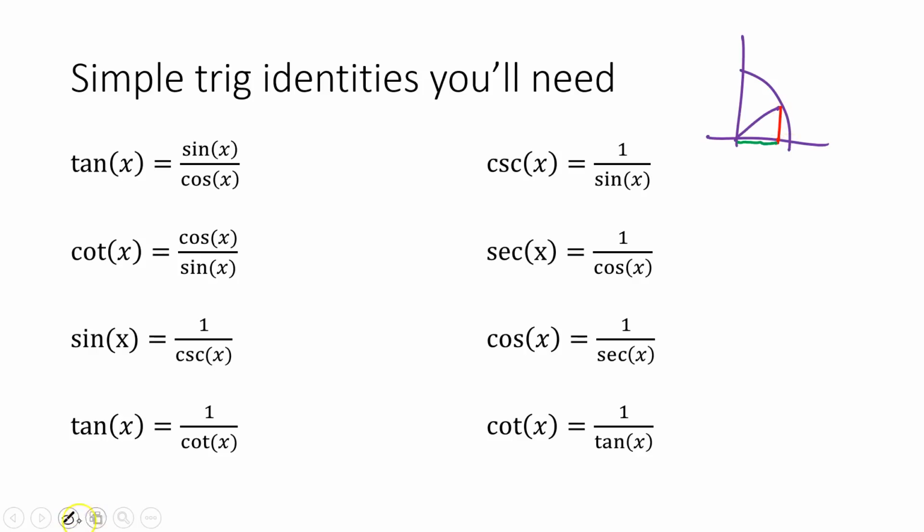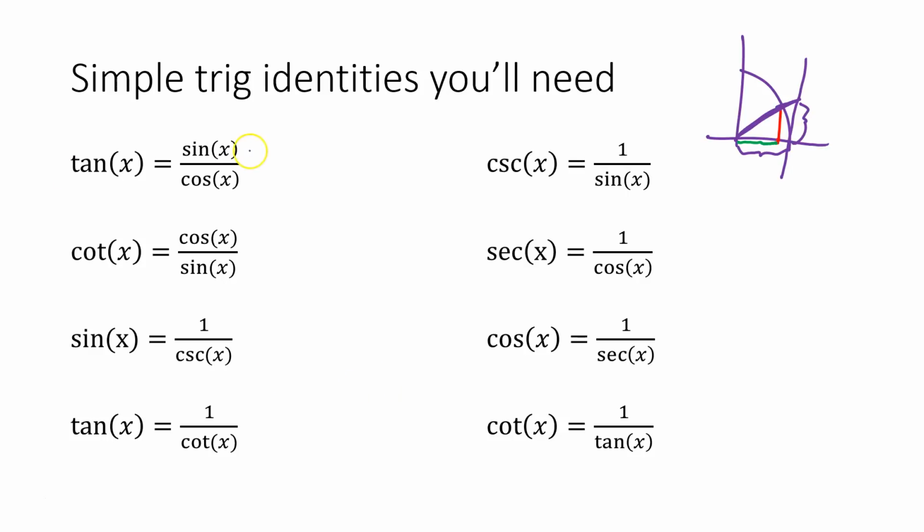If you extend the purple line out to where it would meet a tangent line, then your tangent value is this guy right here, and since this is 1 on the bottom, we were able to use similar triangles to show this was true. And this purple value right here is your secant value, so we're able to show all of these using the unit circle.